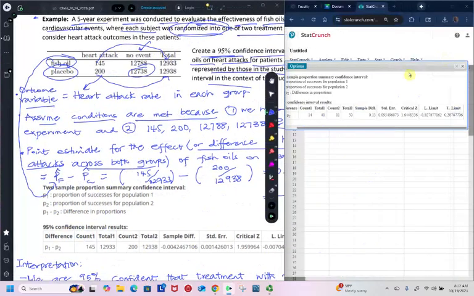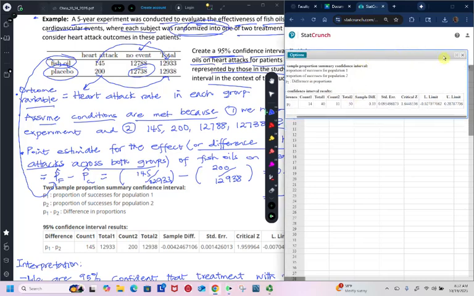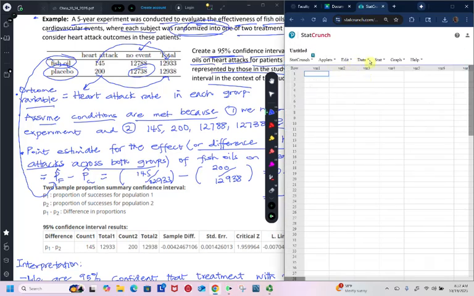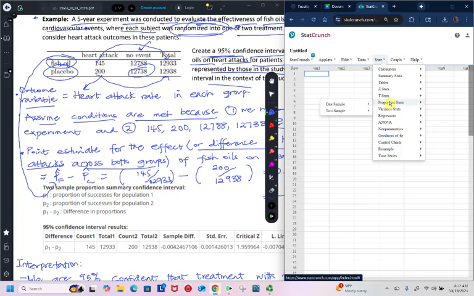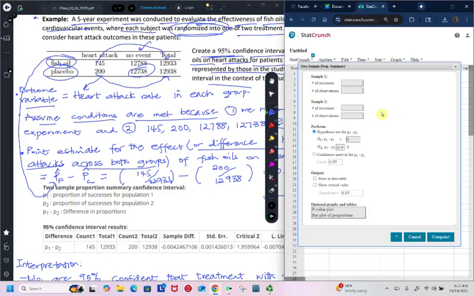Well, we can go again back to StatCrunch to see how we can get all the vital statistics that we need for this analysis. So I'm going to close out of this, go back to statistics, proportion statistics, two sample, with summary. And in the first group, I have 145 out of 12933. And in the second group, I have 200 out of 12938.